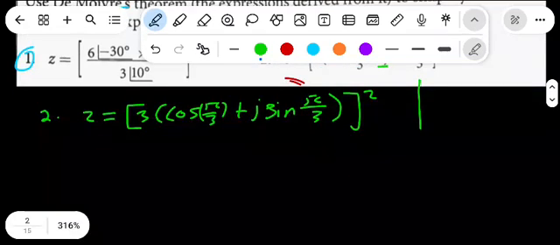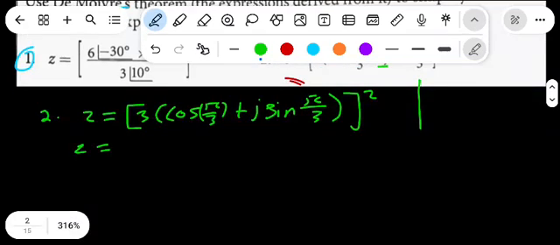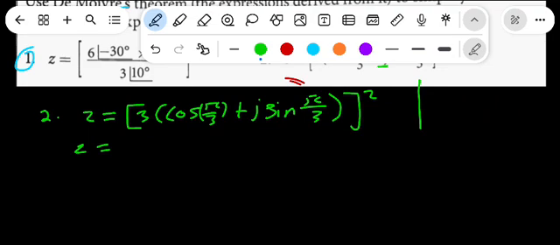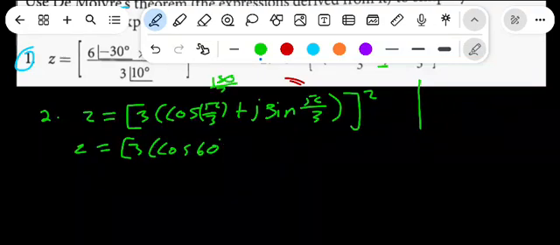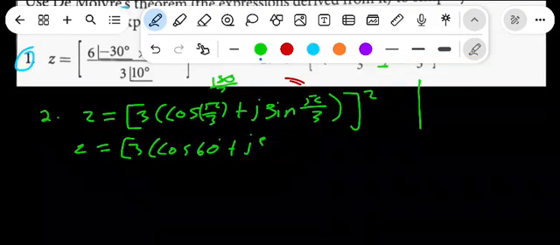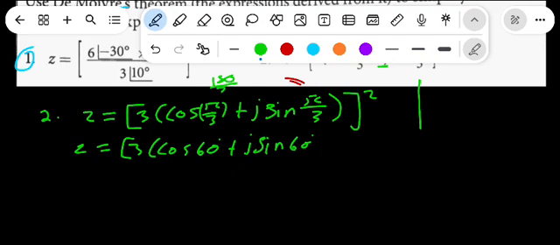Alright, we apply De Moivre's theorem. I don't like working with radians, so let me work with degrees. I'll rewrite this as 3 times cos 60 degrees plus j sine 60 degrees, since pi over 3 is 180 divided by 3, which is 60 degrees.